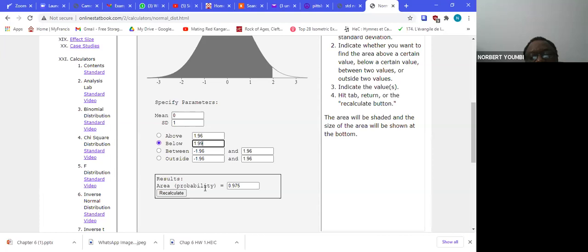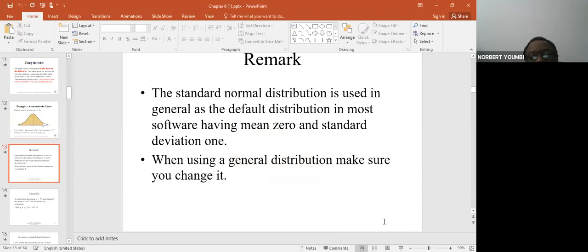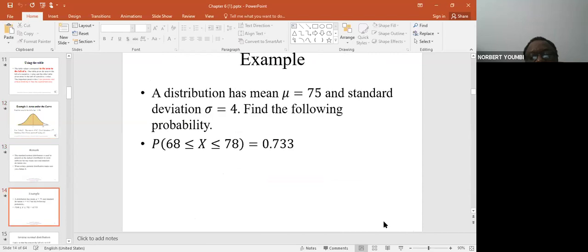So let's continue with the PowerPoint. Each time we have a question, we will use one of those methods to find the area. For example, if we now have the distribution X with mean mu equal to 75 and standard deviation equal to 4, we can also use the calculator to find this by going to second function, distribution, option 2.